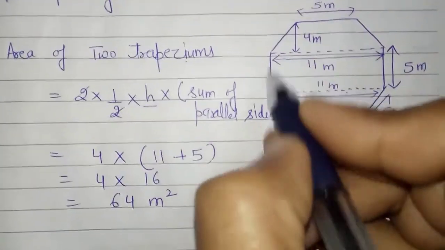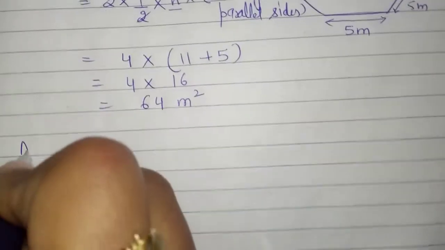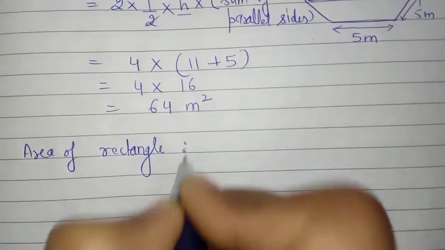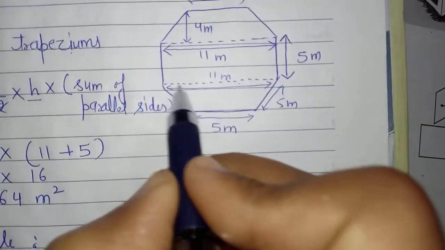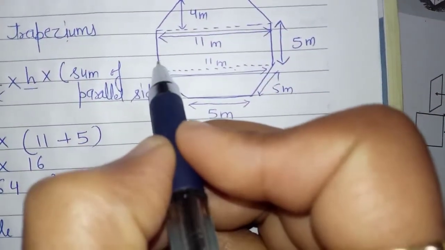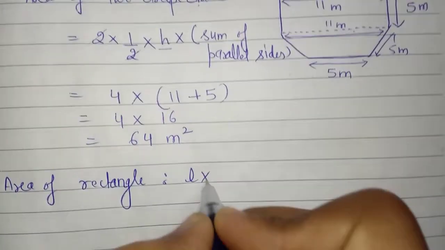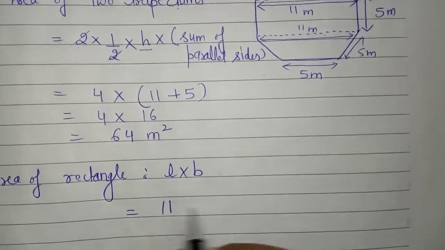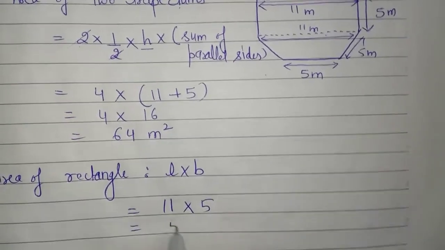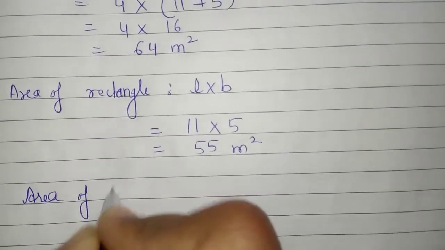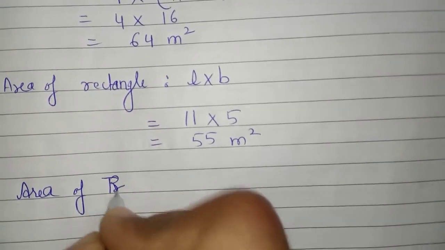Then next we have this rectangle. So area of rectangle, we have the length and breadth. So this is 11 meter, 11 meter. This is the length and 5 meter and this is also 5 meter. This is the breadth and we know that area of rectangle is equal to L multiplied by B, which is 11 meter multiplied by 5, that is 55 meter square, and adding we get the area of regular octagon.